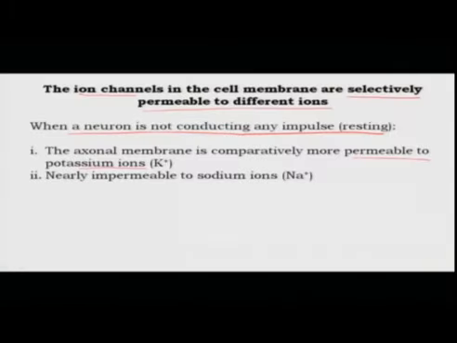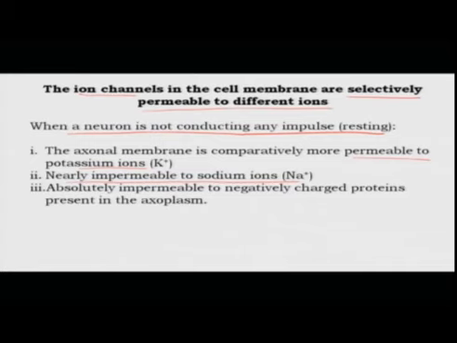So, if there is a higher number of ions inside, they will tend to diffuse outside. If there are higher number of ions outside, they will tend to diffuse inwards. Also, what you should know is that in the resting neuron, the sodium ion channels are closed. So, there are very few open sodium channels. So, therefore, sodium ions cannot easily pass across the membrane.